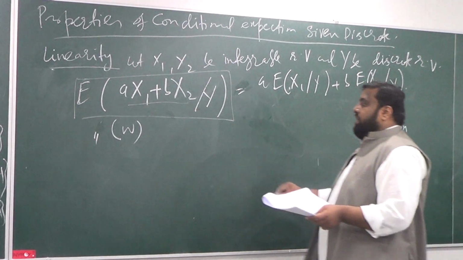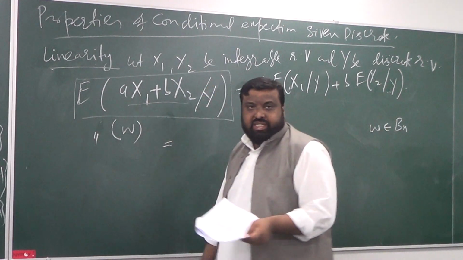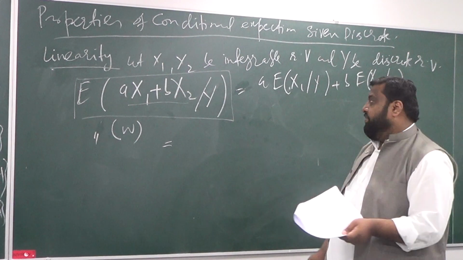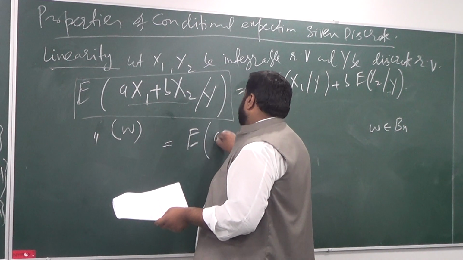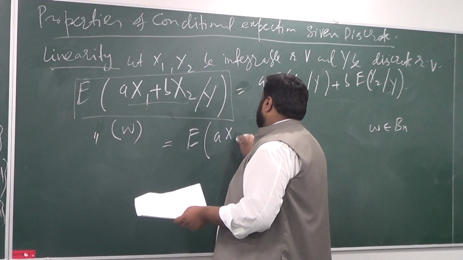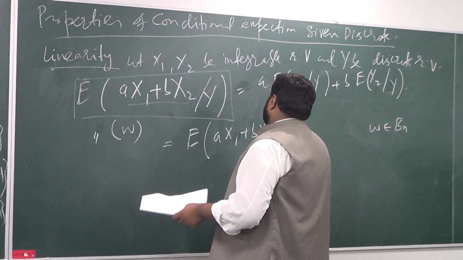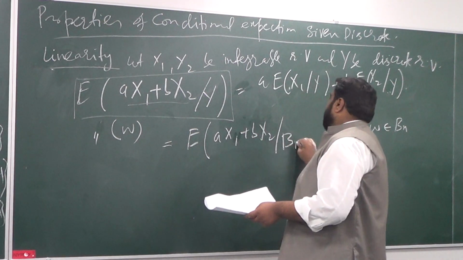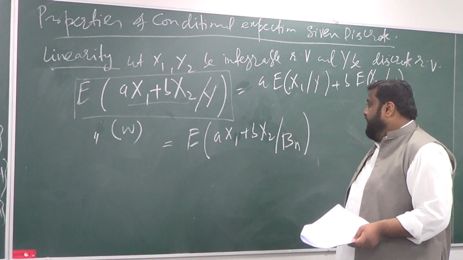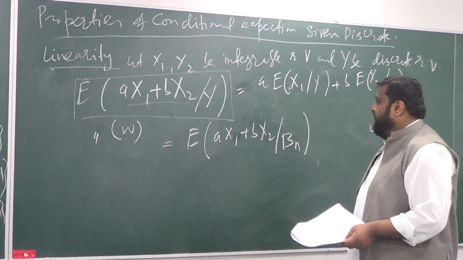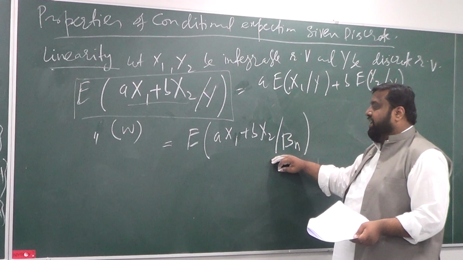Then this conditional expectation is going to be equal to the conditional expectation of ax1 plus bx2 given Bn. And you can see very easily that this is linear. Why?